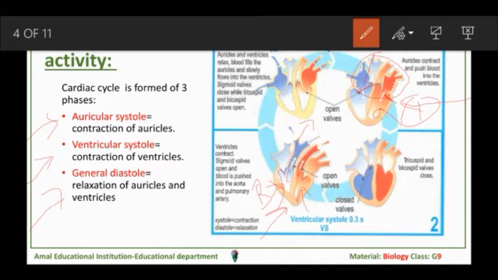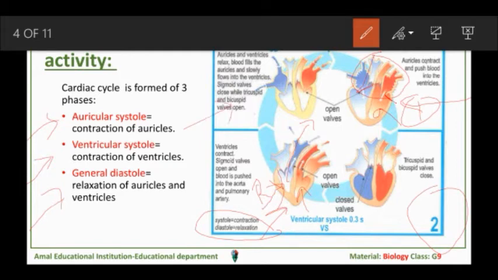Then from ventricles to blood vessels, this is number 2, which is ventricular systole. When I say systole, notice this, it means contraction. Ventricular systole means that the ventricles contract to push the blood. When I say auricular systole, it means that the auricles contract to push the blood. Finally, the blood reaches the organs and the lungs.